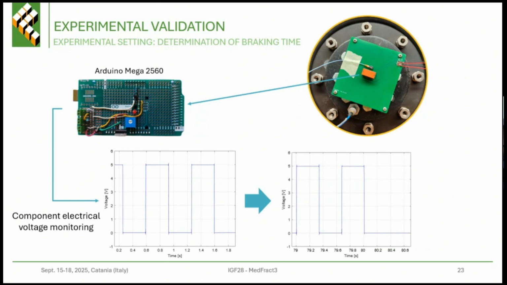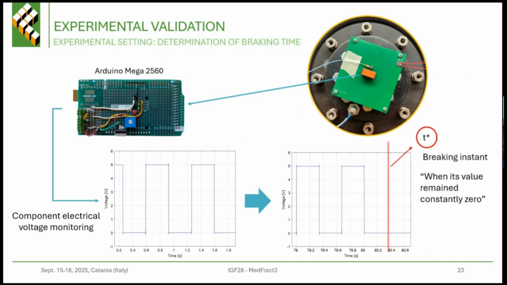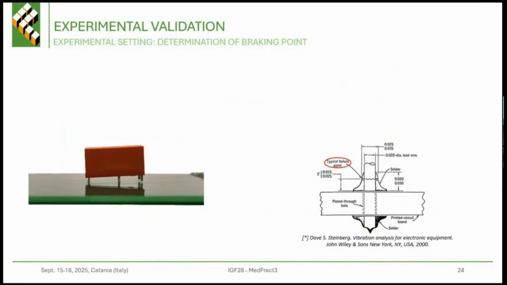So we monitor if the voltage returns back or remains at zero value. When it remains at zero, we have the breaking instant. So we can record this time, and at the end we can use it.